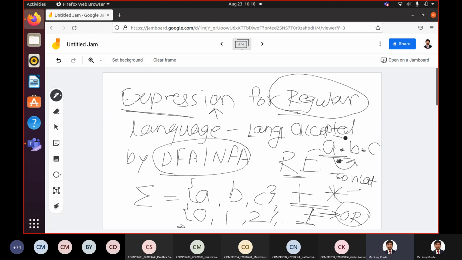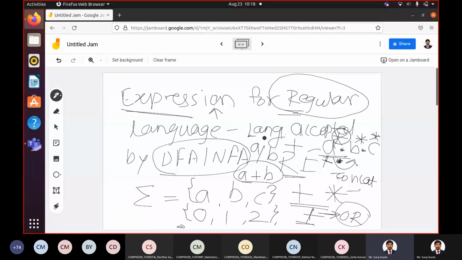Repetition we represent using asterisk or plus. When it is a superscript, it means repetition one or more times. And when it is in between, if I write a plus b, then a plus b means a or b. I can have input a or I can have input b.